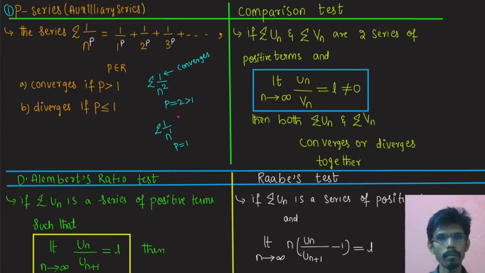P equal to 1 means the given series diverges. Any series of the form sigma 1 by n power P is called a P series, or we say P test. So the series converges if P is greater than 1 and diverges if P is less than or equal to 1.